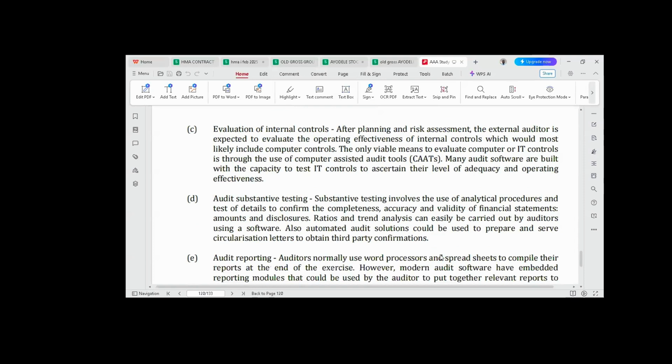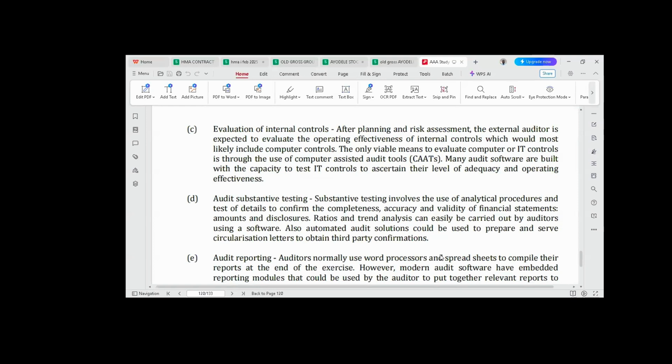And also, which is the last part where IT has impacted the audit process, is in the audit reporting. After the auditor has obtained all the necessary, sufficient, and appropriate audit evidence, the auditor is able to write a report.